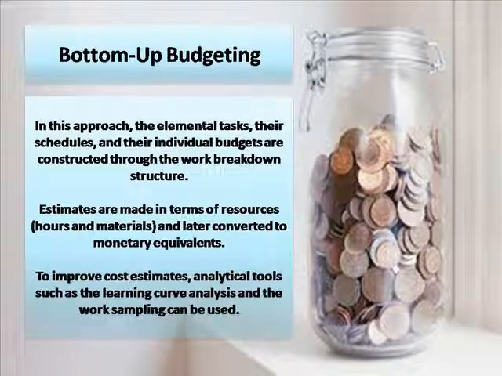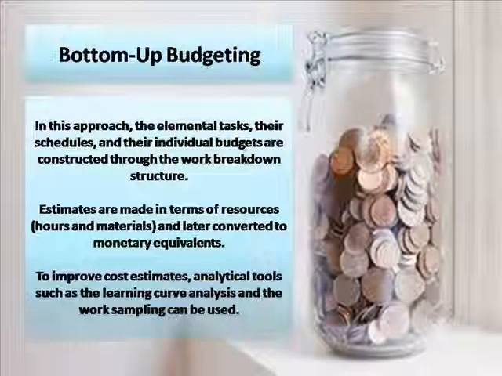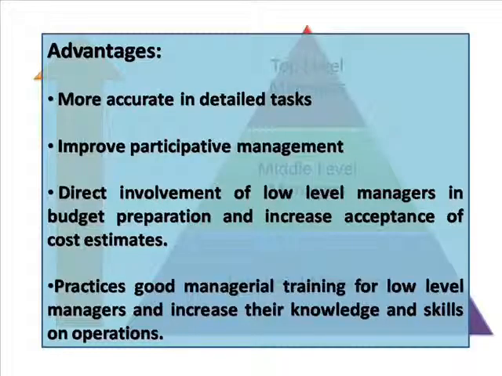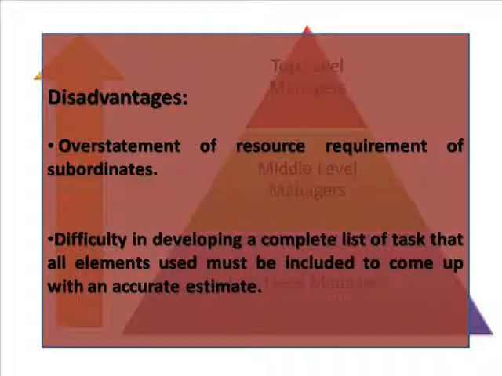Okay? So estimates are made in terms of the resources. Okay? Examples are hours and materials, and later they are converted to monetary equivalents. So the advantage is it's more accurate in detailed tasks, but there can also be disadvantages since there can be overstatement of the resources by the subordinates.